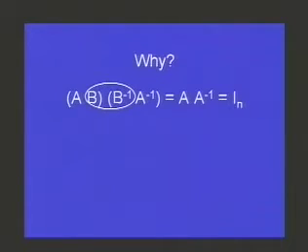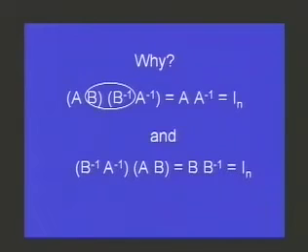That would leave the A and the A inverse beside each other, and those two would cancel out and give me I. And if I were to reverse the order, if I put B inverse A inverse first and then times AB, the A inverse and the A match up, they're touching each other, so they cancel out. That gives me B inverse times B, and that is equal to I. Sorry, I had those in the wrong order earlier.